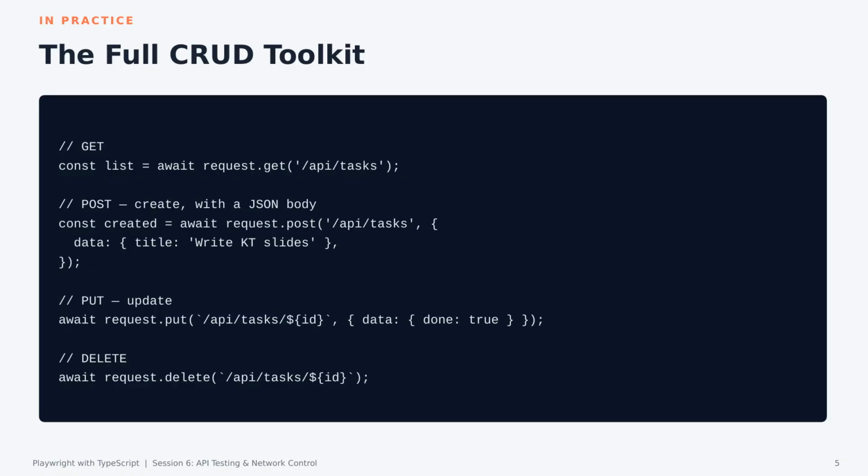Put to update something, calling request.put with the specific ID in the URL and a data object like done: true. And delete, request.delete, again with that specific ID. That's your complete create, read, update, delete toolkit. And honestly, the syntax maps almost exactly onto what you'd expect from any standard HTTP client.